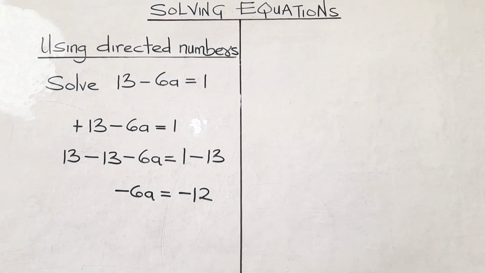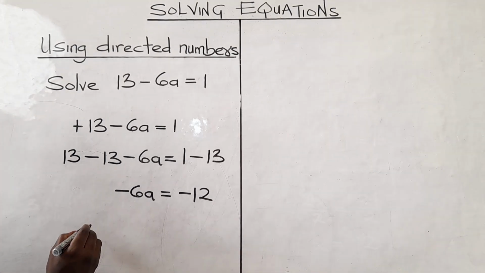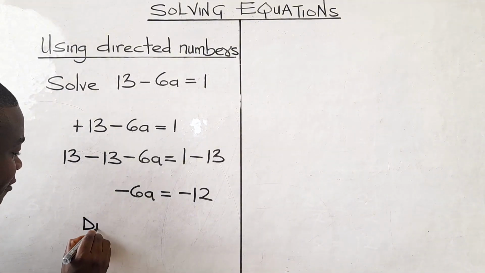That's the first step. It now looks like something we've done before. The only challenge here is that we're having a negative sign, but you have them on both sides.